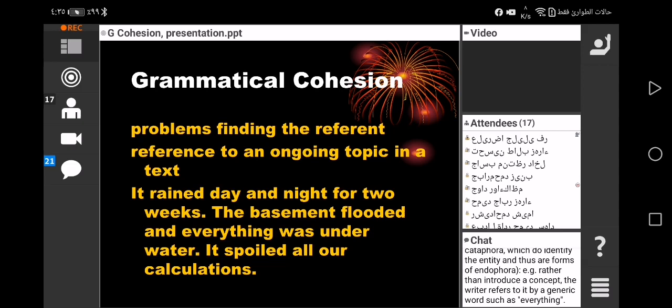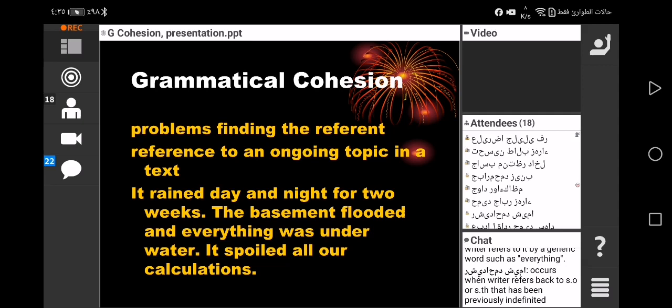Well, oftentimes it's easy to identify the referent of a referring expression, but sometimes you get into trouble. Sometimes it's difficult to find the referent of a referring expression, and in fact, the referring expression refers to the ongoing discourse.